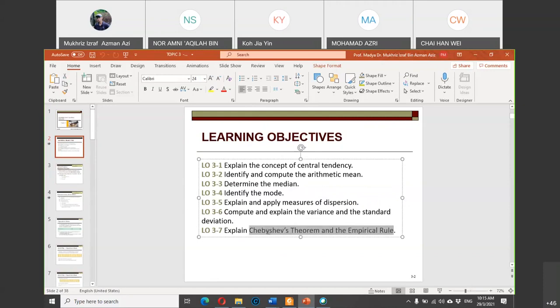This last theorem will not just be applied in topic number 3 alone, but also for the rest of the syllabus.